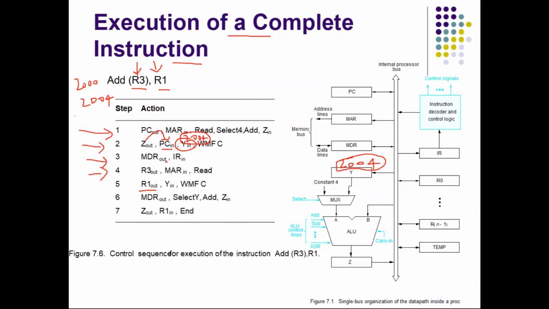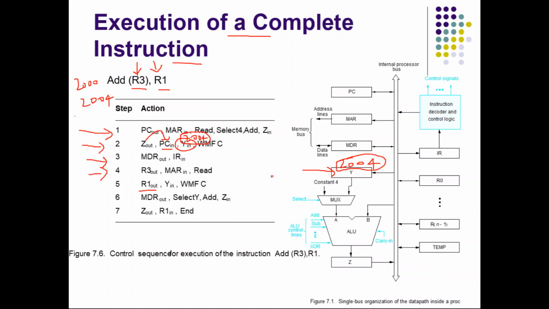Just understand that Y also will hold the address of the next instruction along with PC. The reason is that normally the flow will be, after the first instruction, the next instruction.